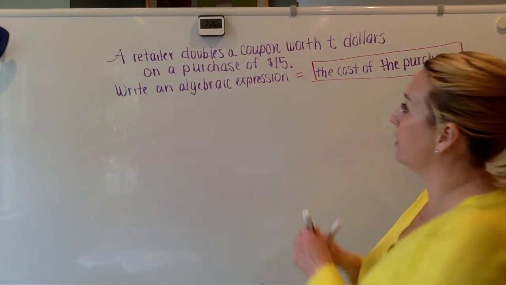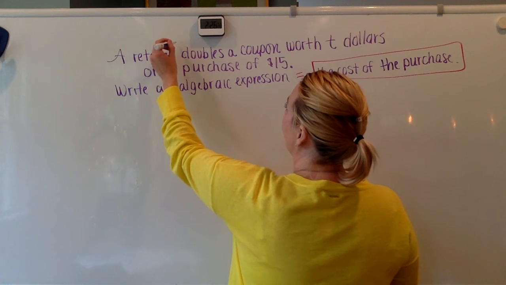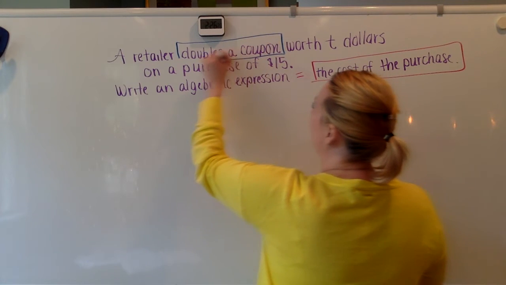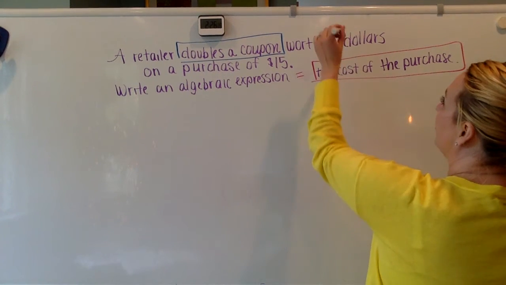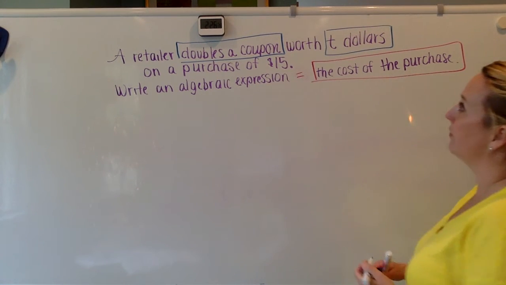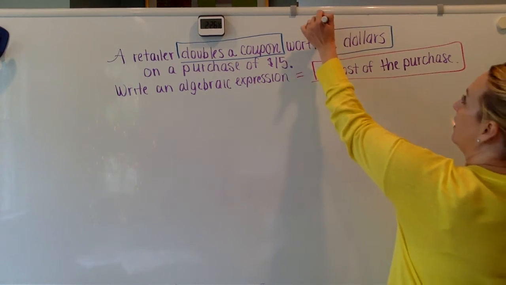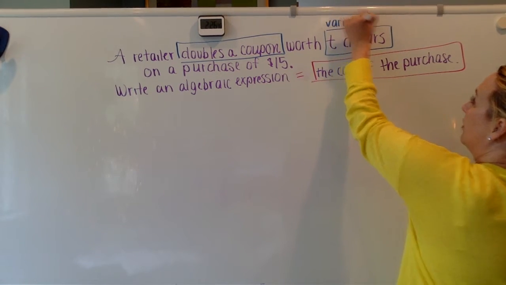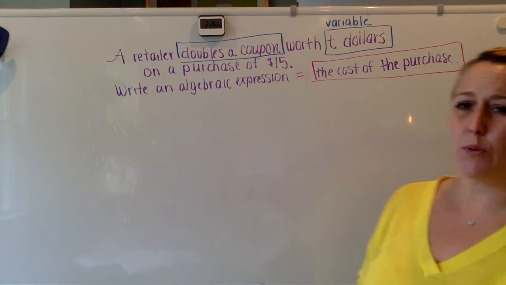So, important information. It doubles a coupon. And it doubles a coupon worth $T, right? We know that's our variable. So, a coupon, what does a coupon mean?